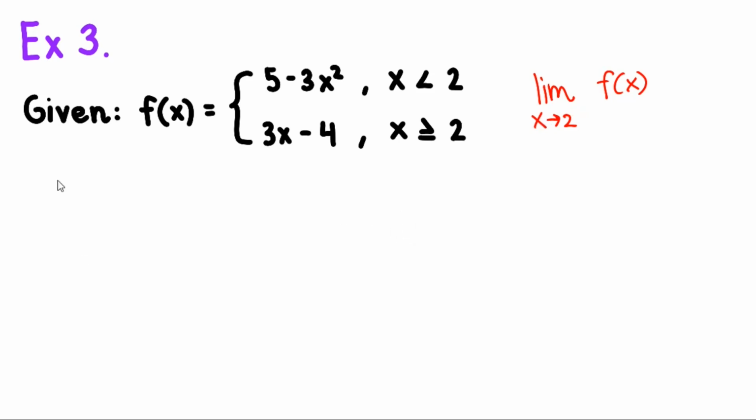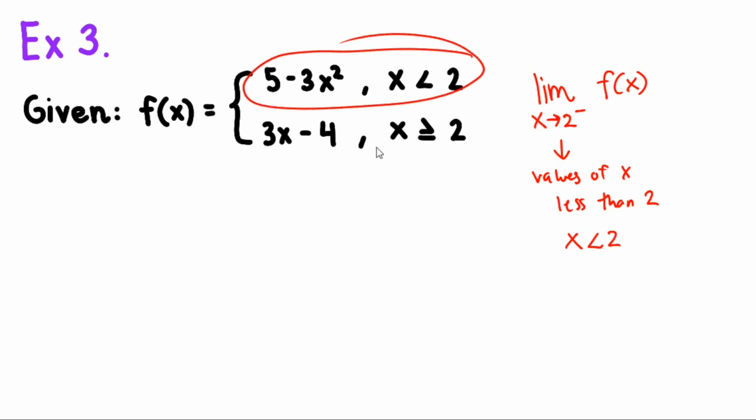So first, for the limit as x approaches 2 from the left, recall that the values from the left of 2 are values of x less than 2, which is this one out here.